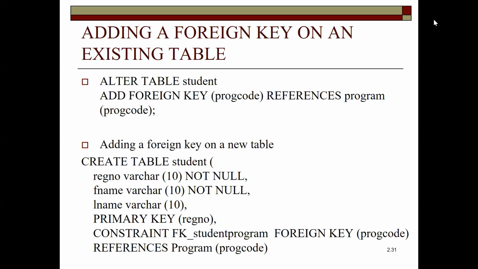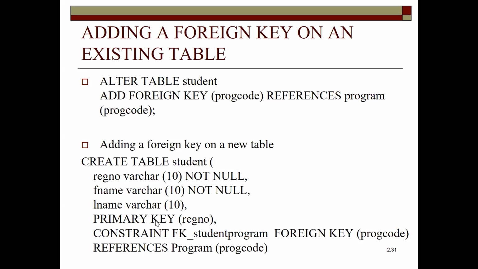So if you're going to add a foreign key to a table that already exists, this is the syntax. If you're adding a foreign key to a new table that you are creating, this is how you create a foreign key.